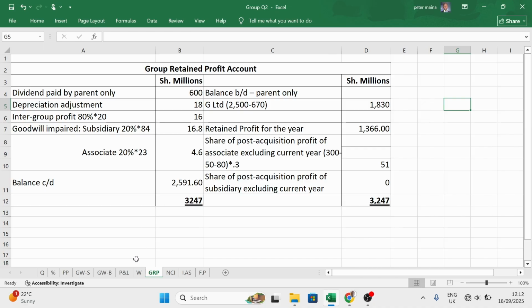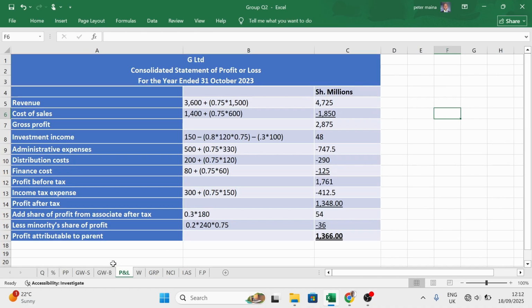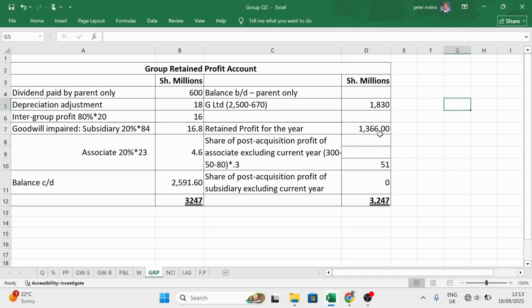So if we go back to the profit and loss statement, our last item there was called the profit attributable to parent, 1366. That is the one we are bringing here, 1366. Retained profit attributable to the parent for the current year.